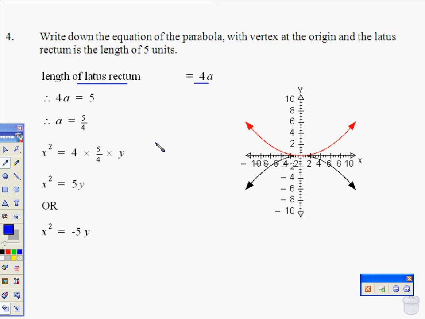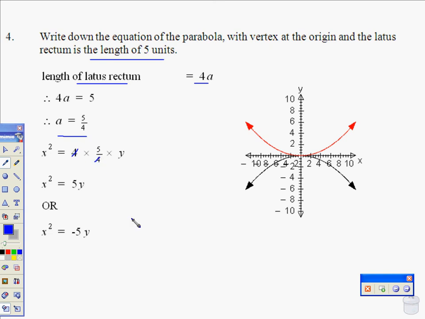If we're going to use the equation x squared equals 4ay, we need to find a every time, which means that a is going to be our focal length. So 4a is going to be equal to 5 because the length is 5 units, which means a is equal to 5 over 4. And x squared then would equal 4 times 5 over 4 times y, which is going to leave us with x squared equals 5y, because the 4s will cancel.